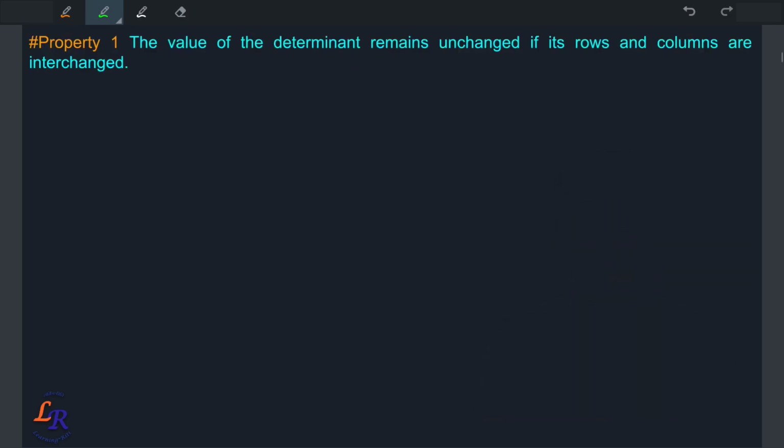The first property states that the value of a determinant remains unchanged if its rows and columns are interchanged. Let's say this is a determinant with values a1, a2, a3, b1, b2, b3, and c1, c2, c3, right? First let's find out the value.